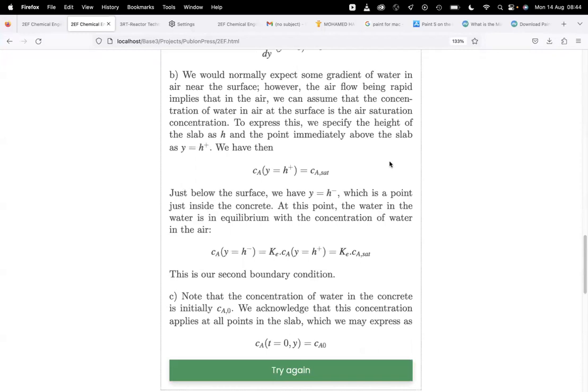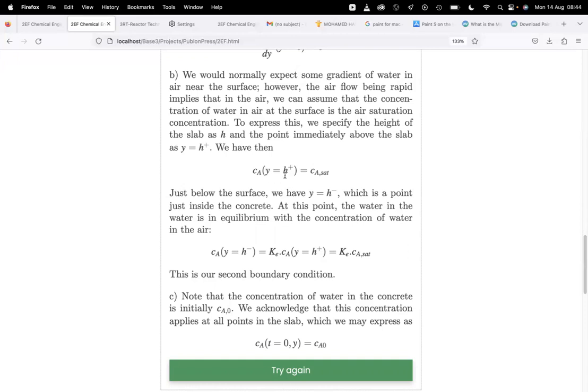Then we said at the surface of the slab, the airflow is rapid, and that implies to us that in the air, we just have the saturation concentration of water. So we know that air does contain a certain amount of water. And if we call that the saturation concentration, then the concentration in the air.